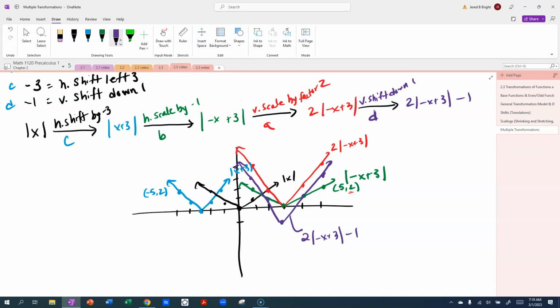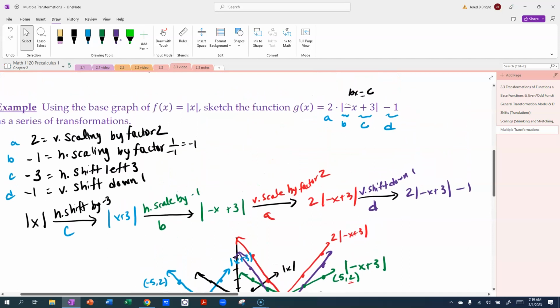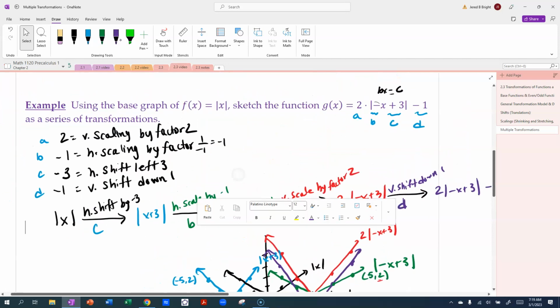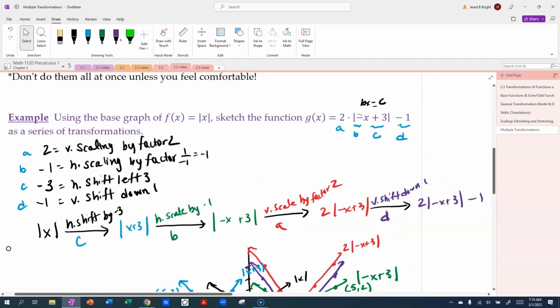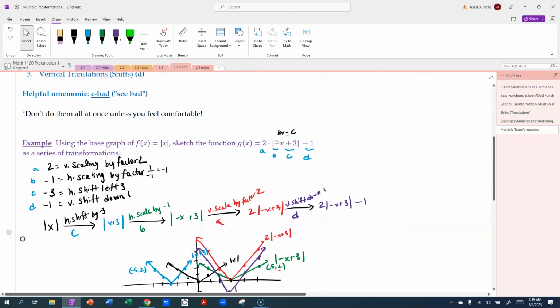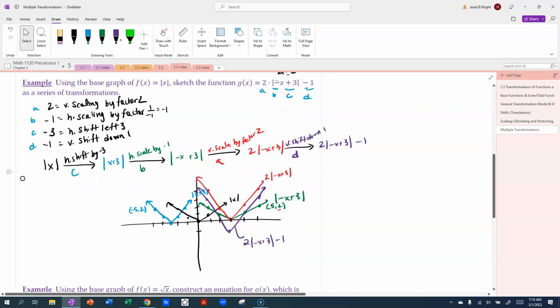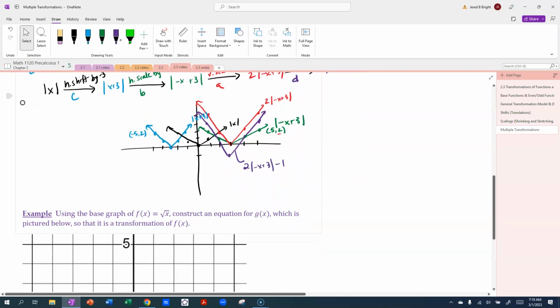So that is one of our basic types of exercises that we'll see in this section, where we have multiple transformations going on and we have to determine the transformations that are occurring, do them in the right order, and then sketch the graph from the base function.